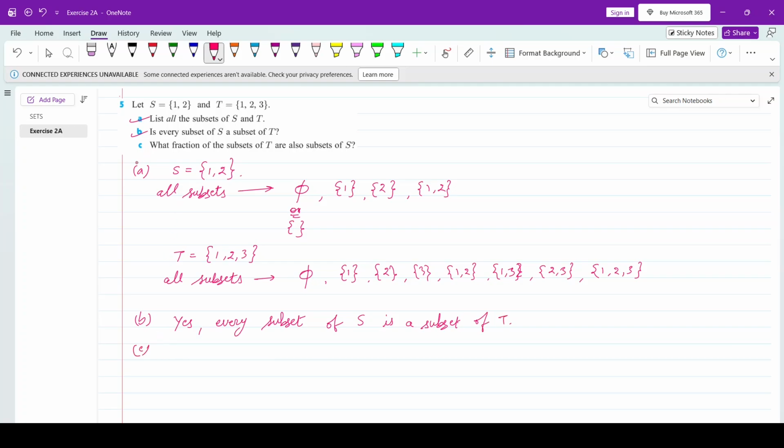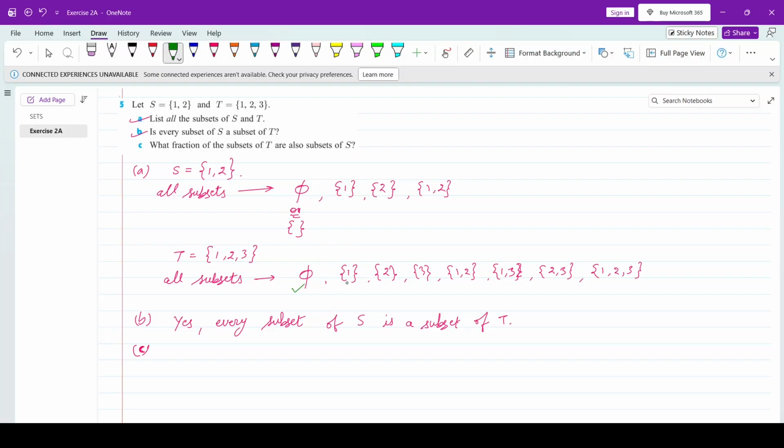Now, part C says, what fraction of the subsets of T are also subsets of S? So we can say this is a subset of, this is also present in this.